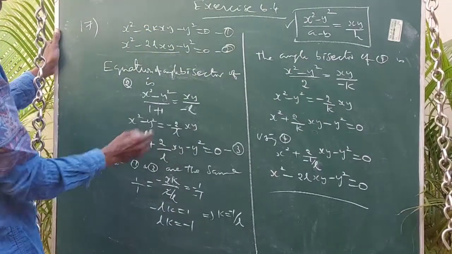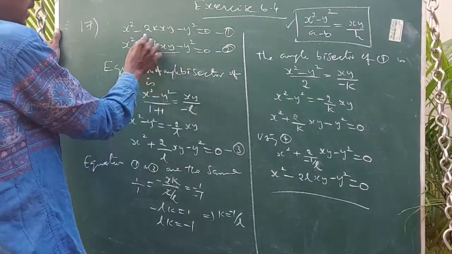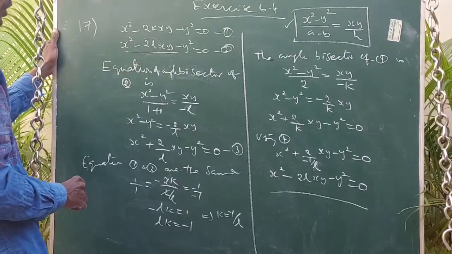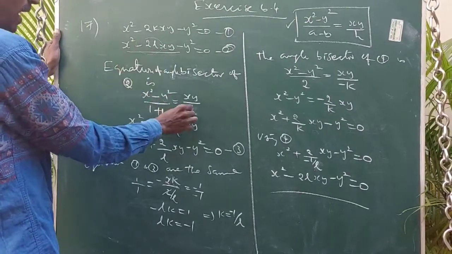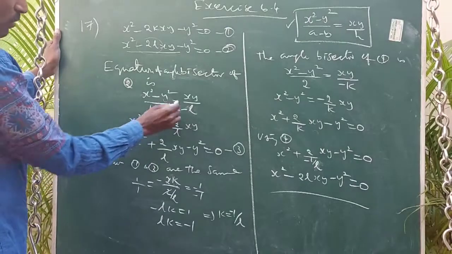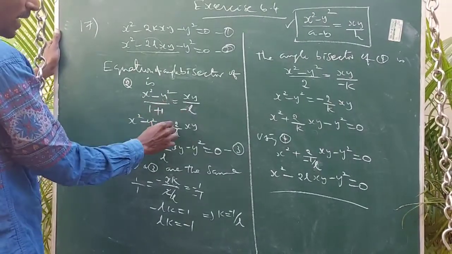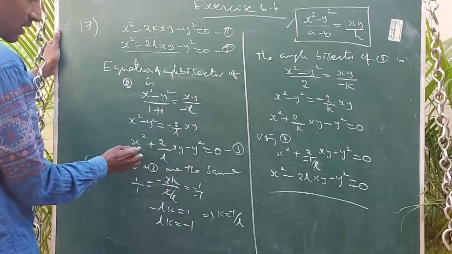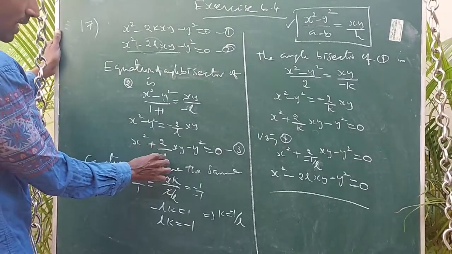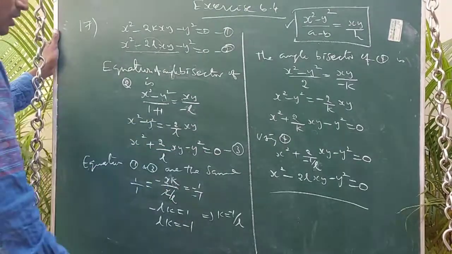In the place of 2h we have −2l, that means h = −l. If we cross multiply, x² − y² = −(2/l)xy. If we change the side, x² + (2/l)xy − y² = 0.